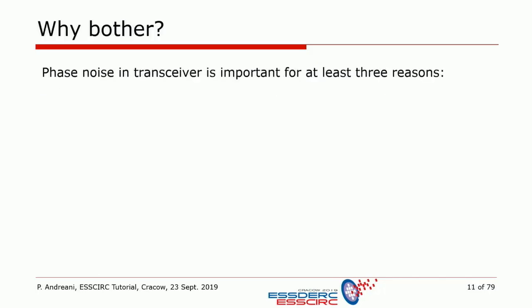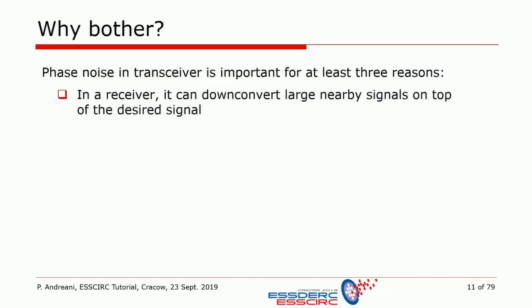Why then should we bother about this? Well, there are at least 3 cases. In a receiver, it can down-convert large nearby signals on top of the desired signal. Talking about wireless radios.